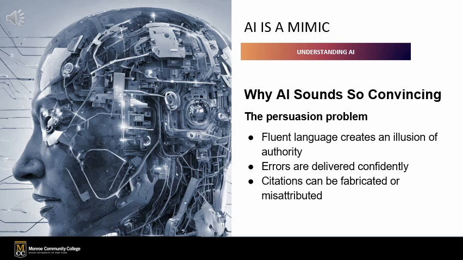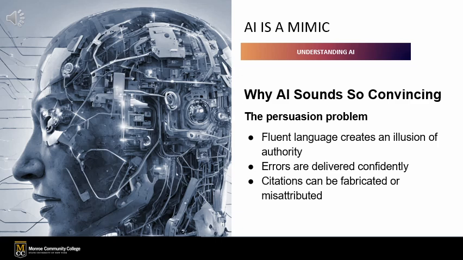This is where AI becomes academically dangerous. AI is incredibly good at producing fluent, well structured language. That fluency creates an illusion of authority. Your brain hears sophisticated vocabulary, clear sentence structure, confident tone, and it thinks, this must be correct. But fluency and accuracy are completely different things.